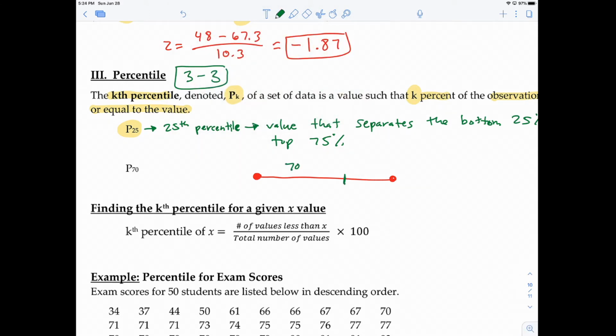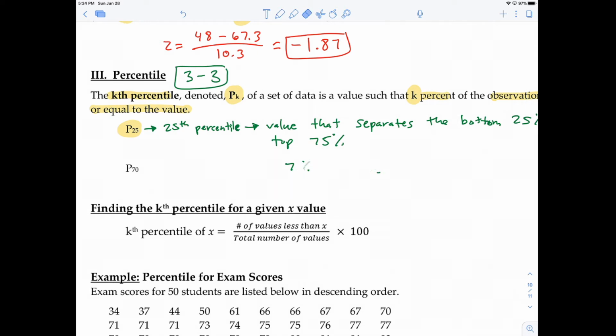The 30% I obtained because the two sides should give you 100%, so I did 100 minus 70.